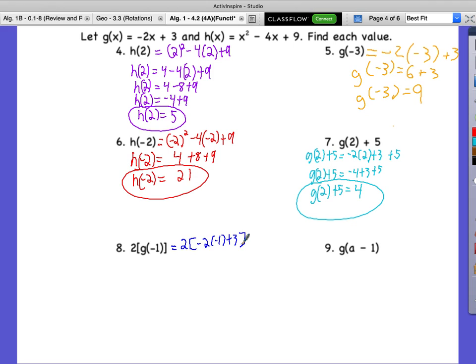Distributing, okay? Now, personally on this, I think with our big flow of parentheses, it'd be easier to just do the inside of the parentheses first, and then multiply by 2. Personally, that's what I think. So that's what I'm going to go ahead and do here. Negative 2 times negative 1 to me is positive 2.